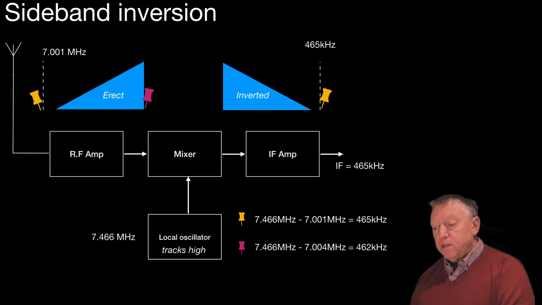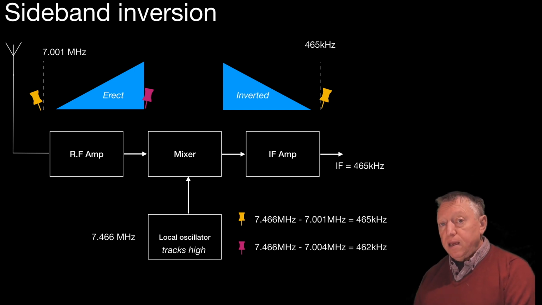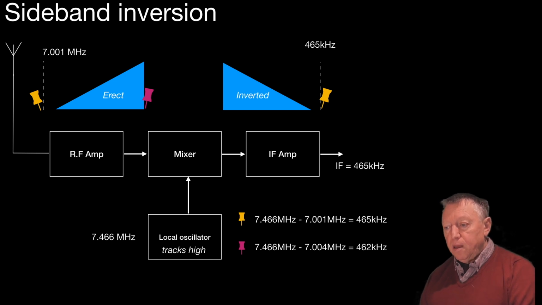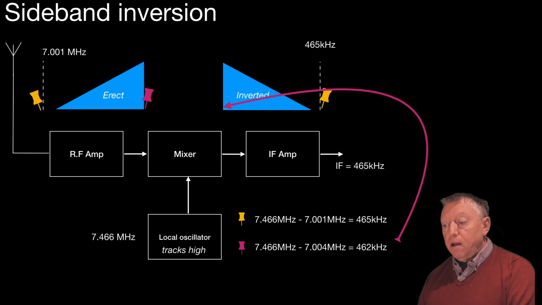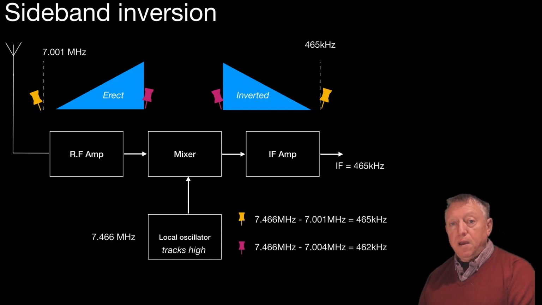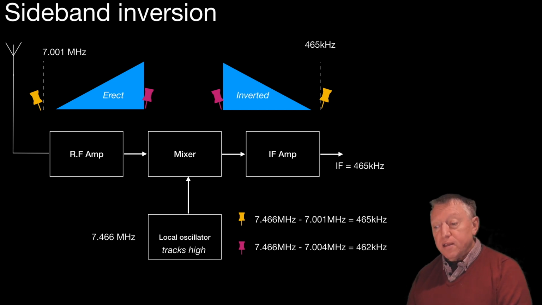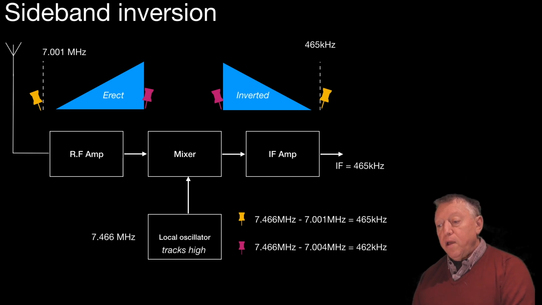That'll be 7.466 MHz, our local oscillator frequency, minus the 7.004, and that will turn out to be 462 kHz. So we can put a mauve pin into the diagram, and we can see that yes, the sideband certainly seems to be inverted, because compared to how it came in, the pins are reversed. It comes in as yellow and then mauve, and then it ends up as mauve and then yellow.